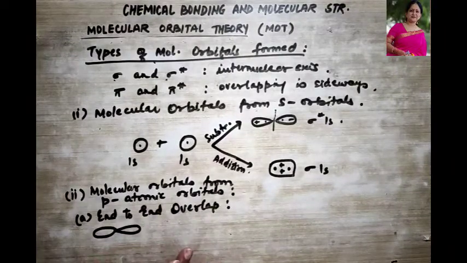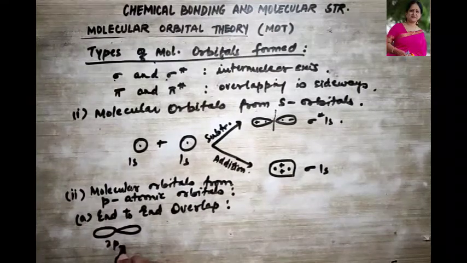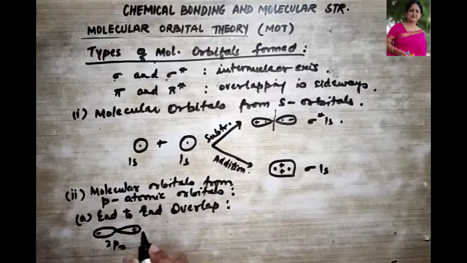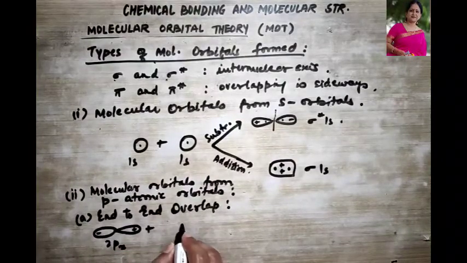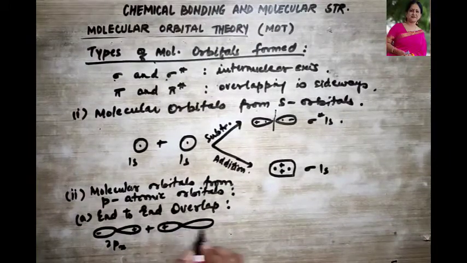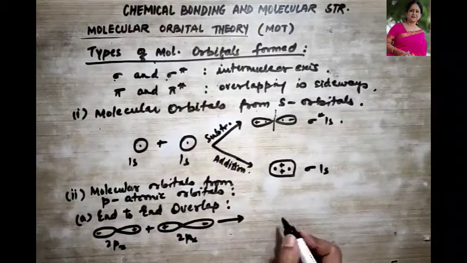So end to end orbital we are talking about, let this be 2px. So this is minus over here, this will be plus. When this combines with this, which is plus and minus, and this is 2px, what is it going to give?